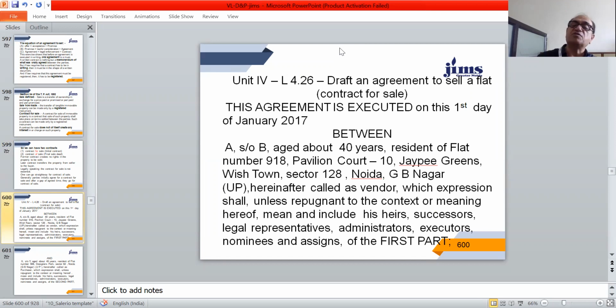Now the names of the parties are to be drafted by you, with complete residential address.